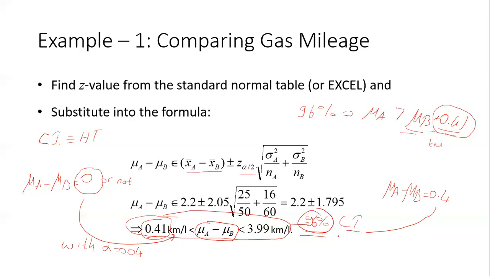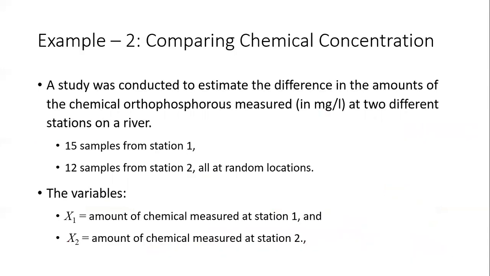Well, just look at here again. Is it in the confidence interval? No, it's not in the confidence interval. Hence, you reject this hypothesis again at alpha equal to 0.04 significance level. Okay, great.